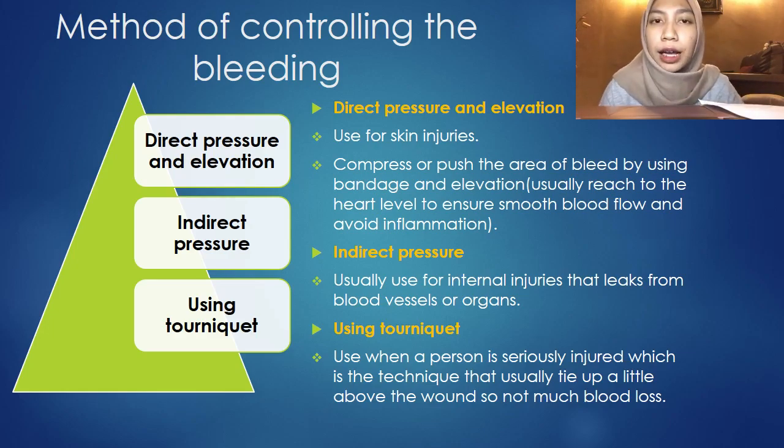Okay, for direct pressure, as you can see in the slide, direct pressure is used for skin injuries. The step you need to do in this method is to compress, or push, on the area of the bleeding using a bandage, and also elevation.